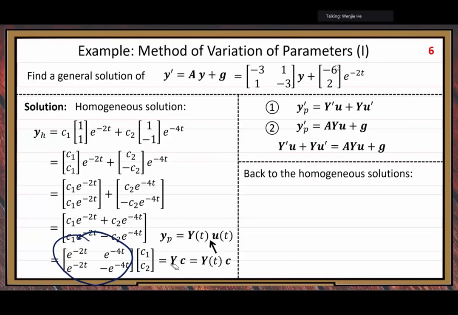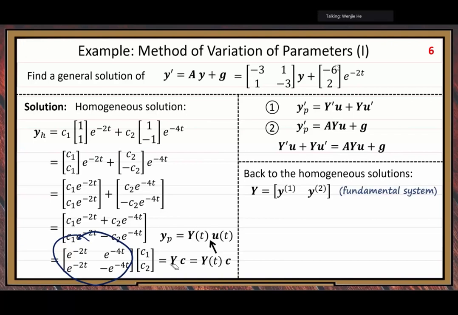Homogeneous solution. Because Y, fundamental matrix, capital Y, has special properties. We need to use the special properties of the Y matrix. So it's not an arbitrary matrix.